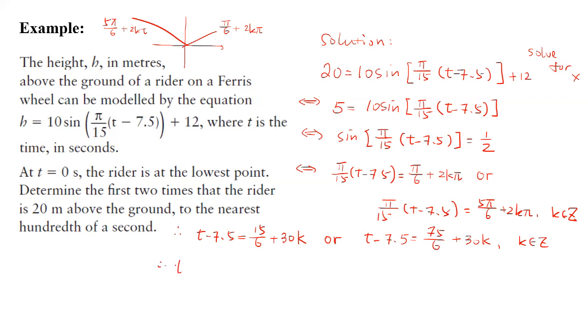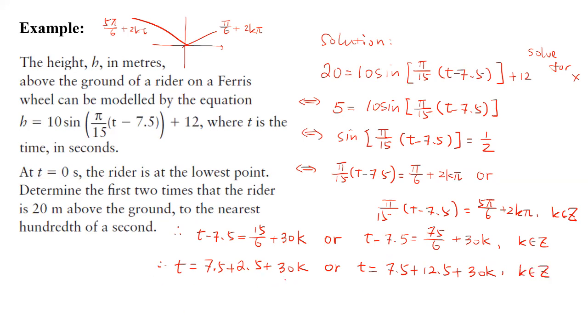And therefore, t is either 7.5 plus 2.5 plus 30k, or t can also be 7.5 plus 12.5 plus 30k, okay? Where k belongs to an integer set.